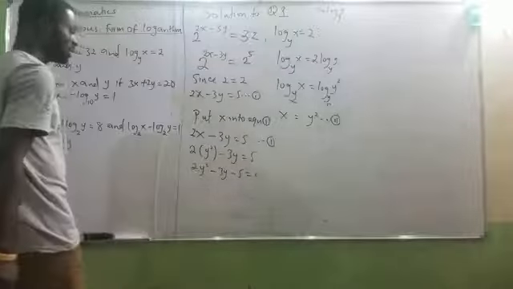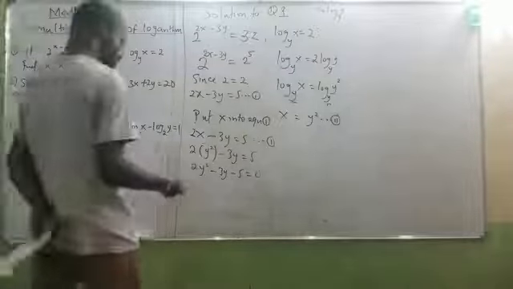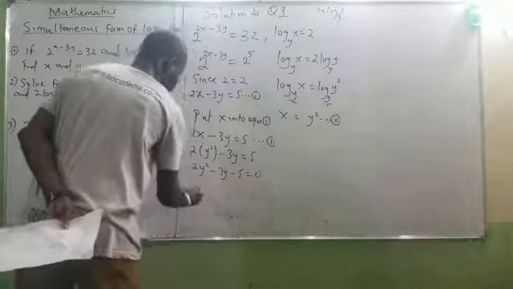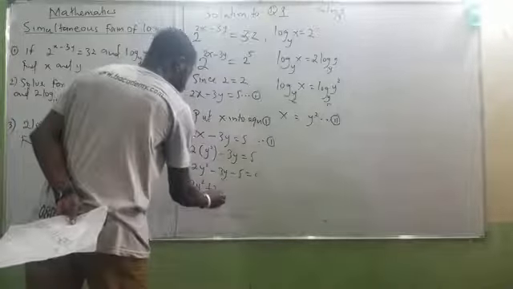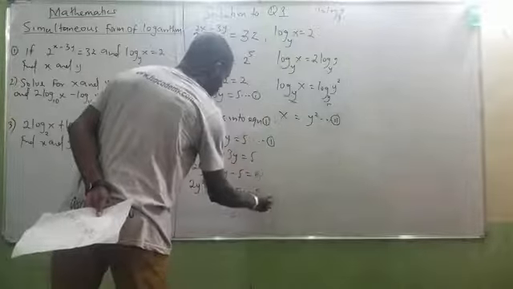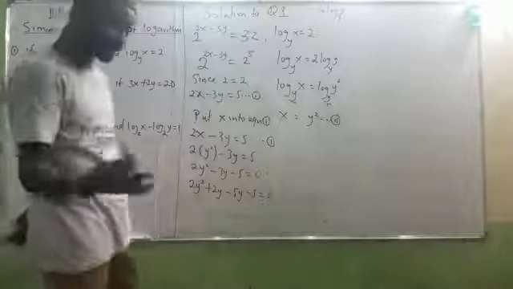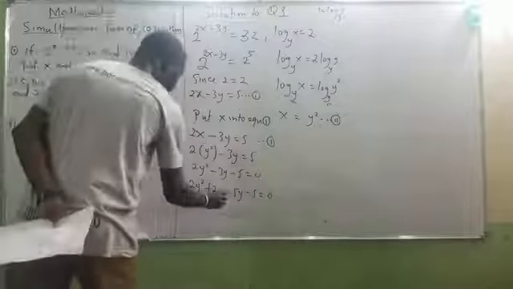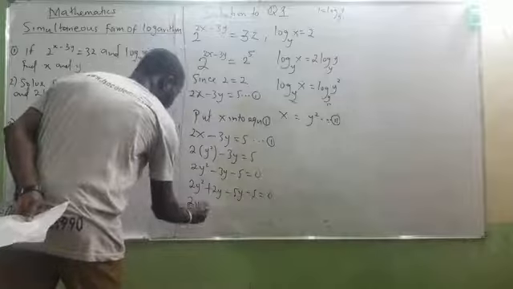10 and 3. It means 5 times 2 is 10, minus 5 plus 2. It means 2y squared plus 2y minus 5y minus 5 equals 0. Now, quadratic equation is what I'm applying here. Factorization, I'm factorizing. Now, can I bring out 2y in the first place?